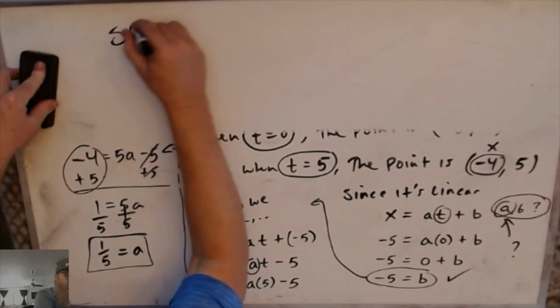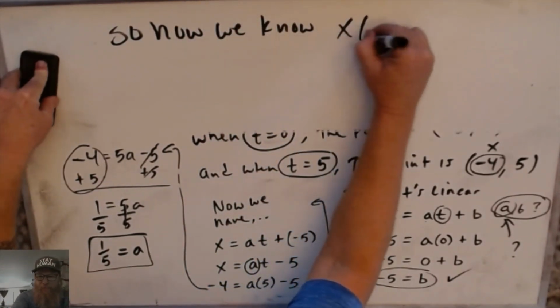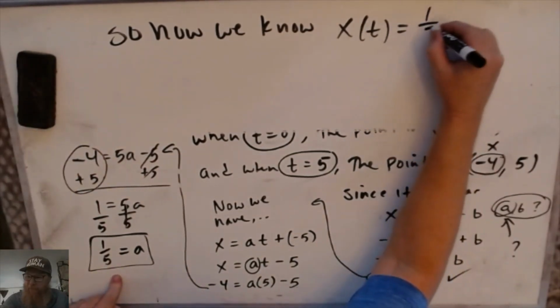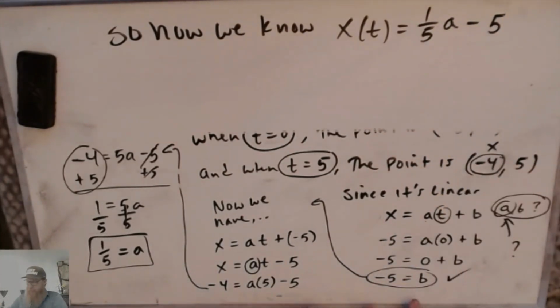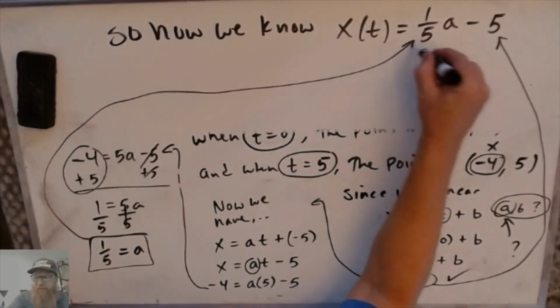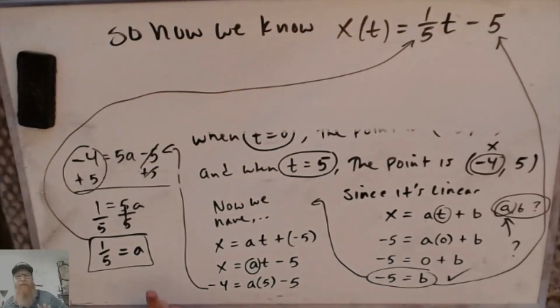All right, so now we know x as a function of t. It's going to be 1/5 a minus 5, because my b is negative 5, and my a is 1/5. Oh, sorry, it's 1/5 t minus 5. Sorry about that.